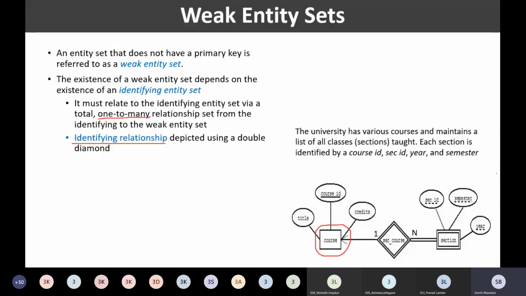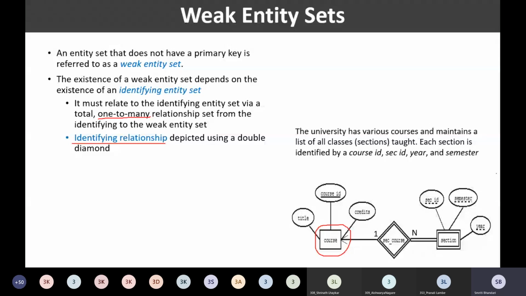Identifying relationship is the relationship between the weak entity set and the related identifying entity set. Relationship between weak entity set and the corresponding identifying entity set is known as the identifying relationship set. And the properties of identifying relationship set are, it is always having the cardinality 1 to many, 1 towards identifying entity set and many towards weak entity set.